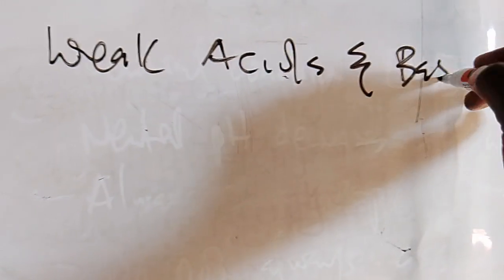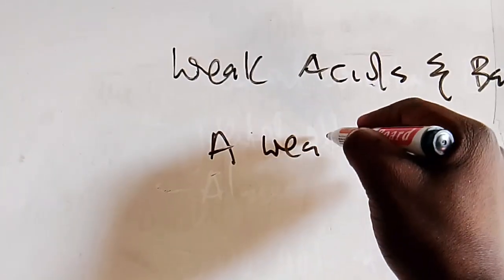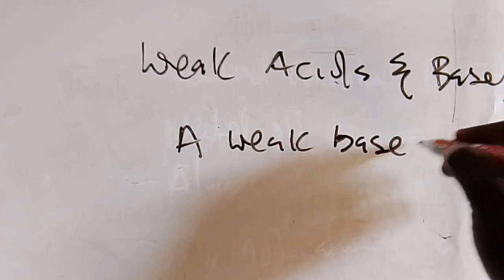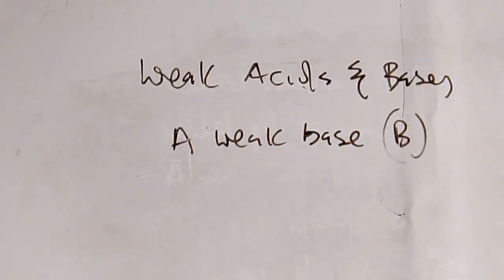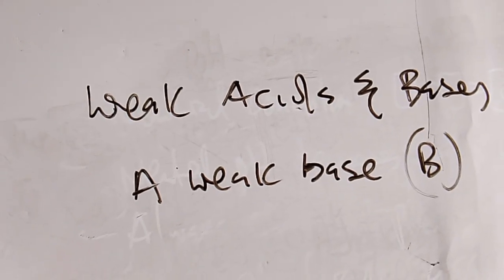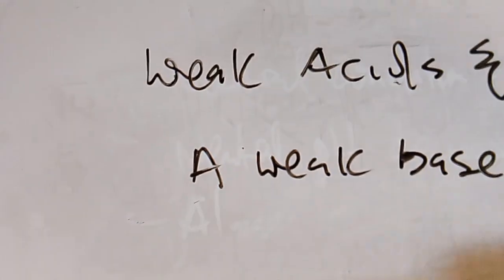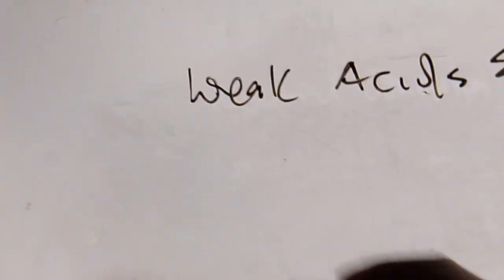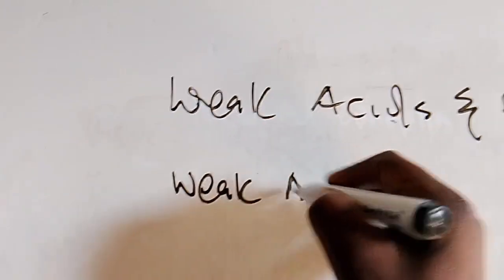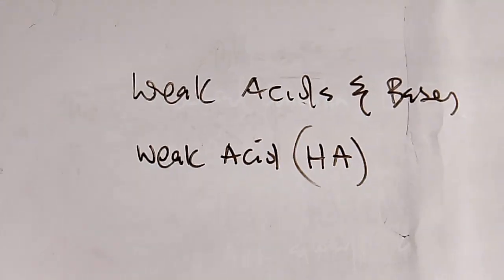Okay, so let's look at weak acids and weak bases. A weak base, B, partially dissociates. So let's start with weak acid, not base. We follow the order. Weak acid, HA.